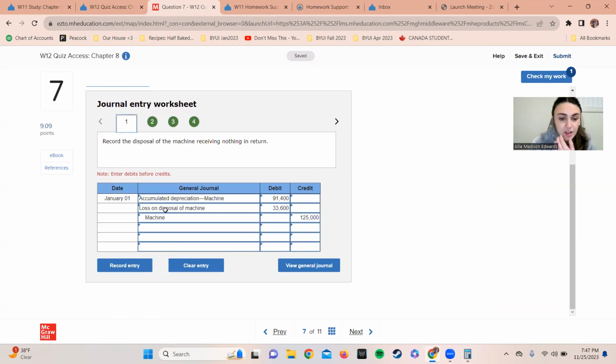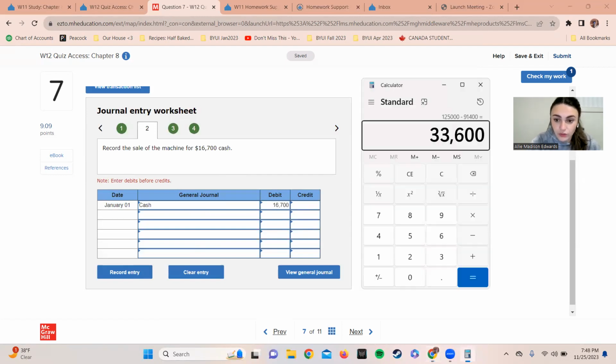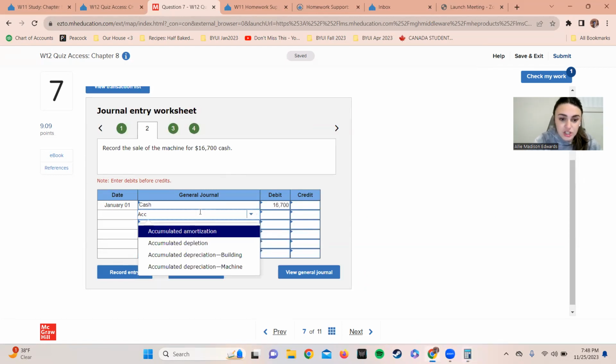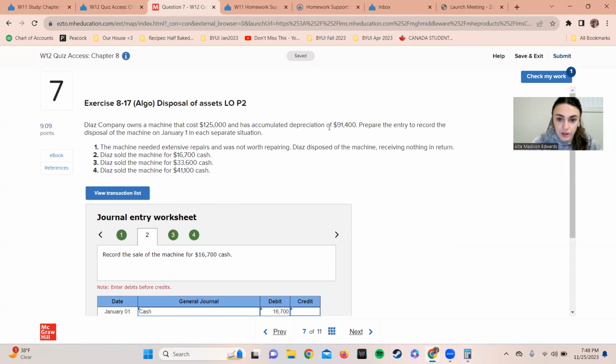A couple things to double check. Make sure the disposal matches the disposal, because over here it's going to be a sale. In this situation, they sold the machine for $16,700 cash. So there's our cash recorded there. We also put in our accumulated depreciation, $91,400, right up here.